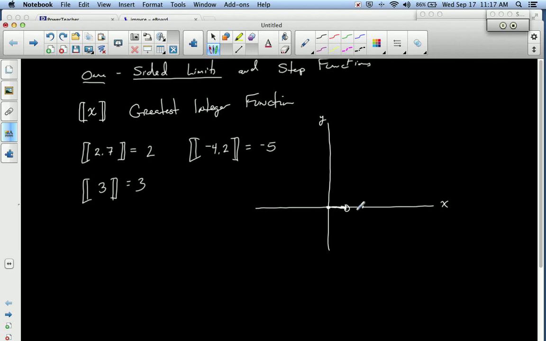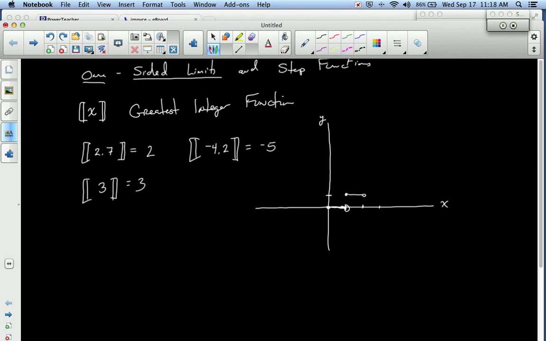When I put numbers like 1.2 or 1.3 or 1.5 in there, the greatest integer less than or equal to them is 1. So we look like that.